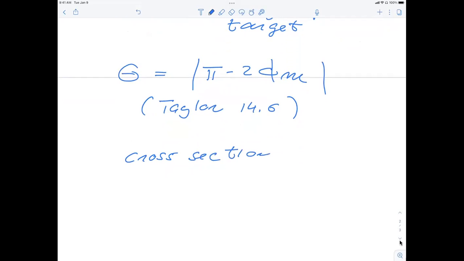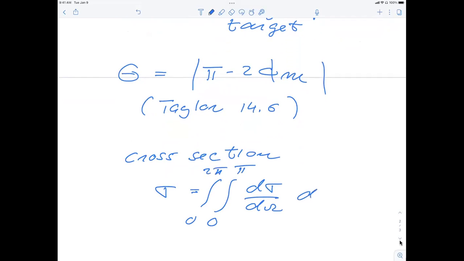That cross-section is given by an integral over the so-called solid angle. So it's d sigma over d omega, and it has an integral over phi, where phi goes from 0 to 2 pi. So this is a phi prime actually.